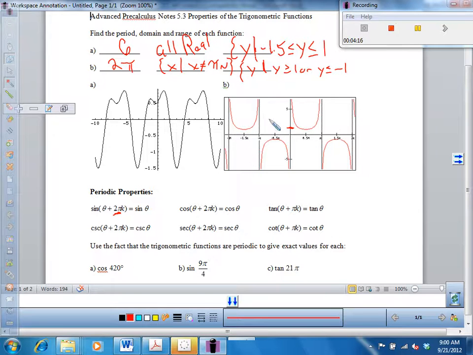One of these is either cosecant or secant. I don't remember which. Tangent and cotangent repeat themselves every pi radians.